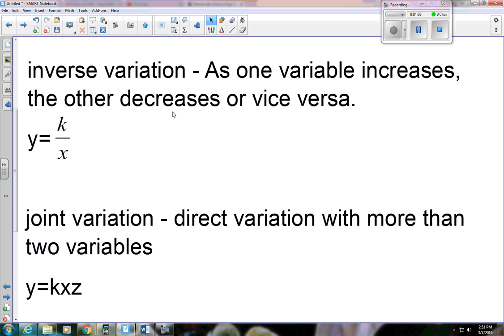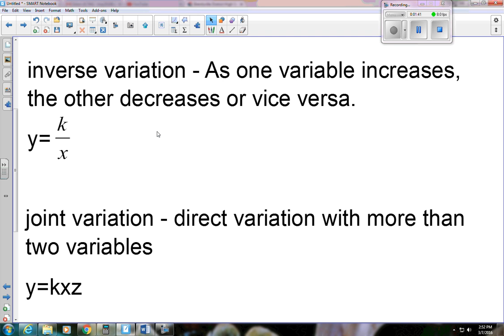Inverse variation is sort of the opposite of that. As one variable increases, the other variable decreases, or vice versa. An example of this might be the number of hours it takes to paint a house and the number of people that you have to help paint. So let's say it takes you 200 man hours to paint a house, but you have 10 people there.